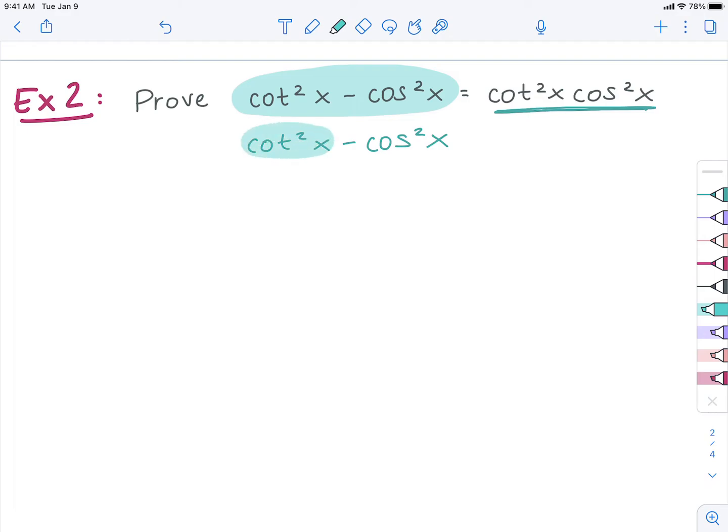So this is the first thing I want to change. And I know that cotangent squared is the same thing as cosine squared x over sine squared x. I'm going to bring the other part down because I don't need to change my cosine squared here.